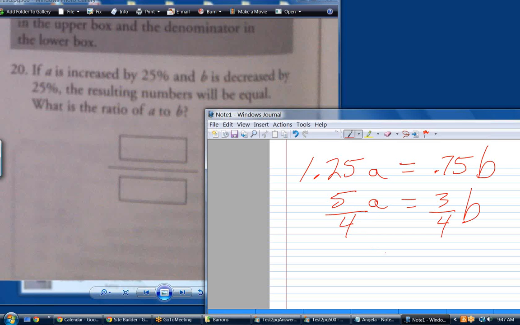No? The other way around. In other words, if we want A to B, I have to divide both sides by B. So I'm going to divide that by B and that by B. And now if I want A over B, I have to multiply both sides by 4/5.